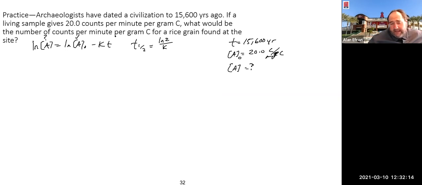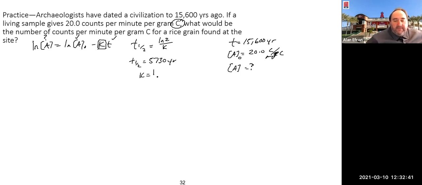We're given the time. Here we are not given the decay constant. Because it is grams of carbon, we could use the same half-life as we used on the previous one, which was 5730, I believe. And really it's going to give us the exact same outcome in terms of our decay constant as what we got on the previous one.